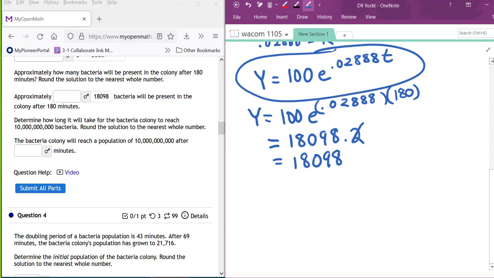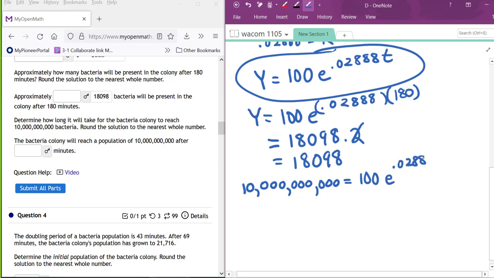Okay, so on this side we're going to have 1 0, comma, and 9 more zeros, equals 100 e to the 0.02888, and we're going to solve for t.